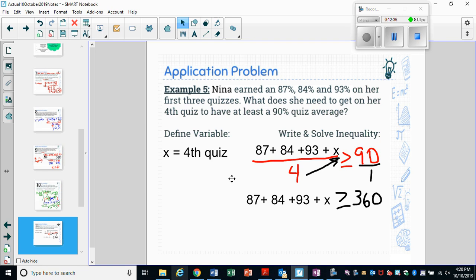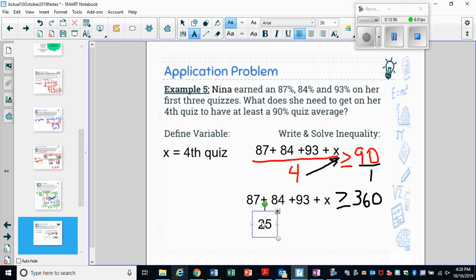Now, to make our lives even easier, we could add up these 3 numbers. 87 plus 84 plus 93 gives us a grand total of 254.